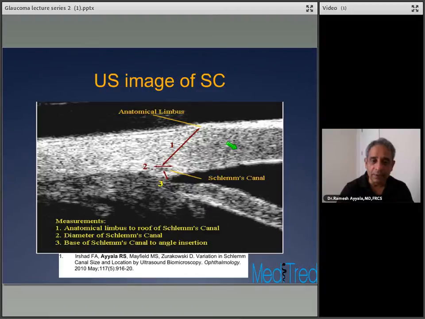Here is a nice picture of the Schlemm canal in relation to the angle structures. Here is the trabecular meshwork. Here is the iris, and here is the Schlemm canal. And the diameter of the Schlemm canal measured approximately, I believe, 130 to 150 microns in living human beings.